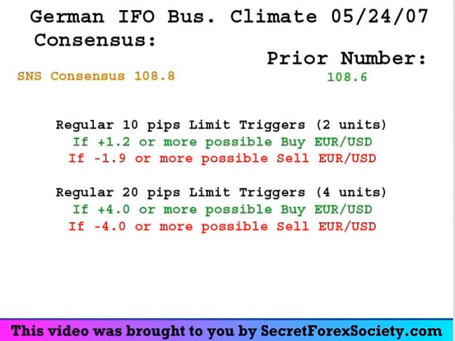If for some reason the German IFO comes out deviating by +4 or -4, it would be a huge deviation. I don't think I've ever seen such a big deviation, and I think it could create a shock to the market.